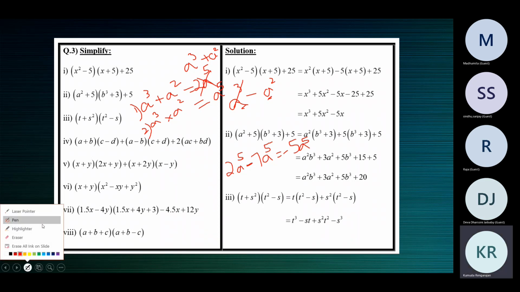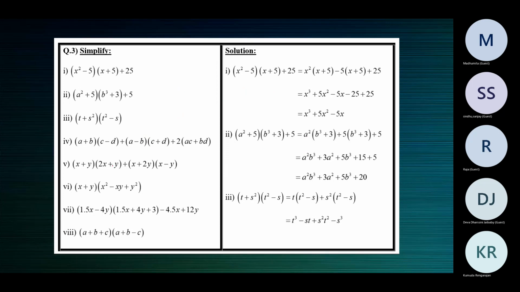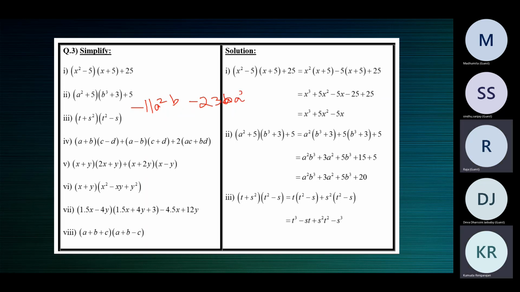One question to each one of you. Raja. Ma'am. First, tell me if they're like terms. How many terms do you see on your screen? 2 terms, ma'am.